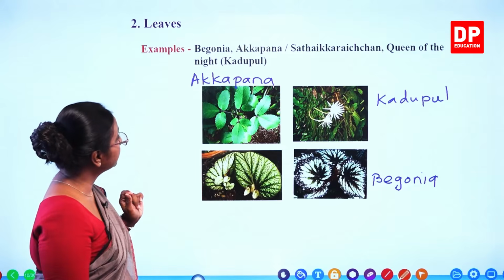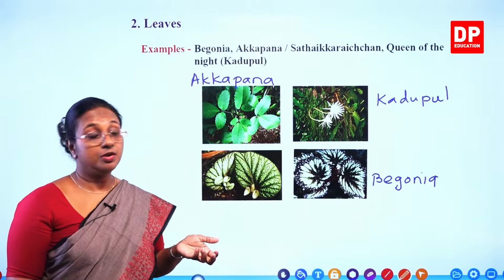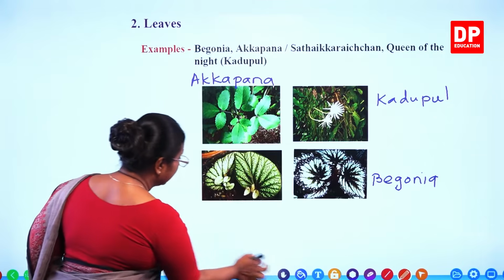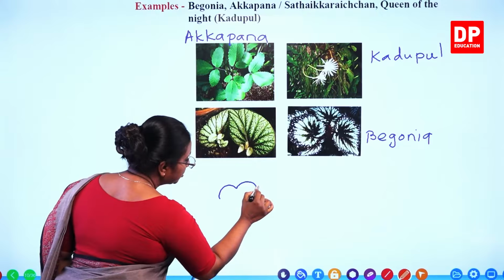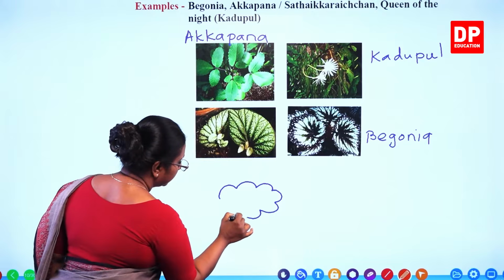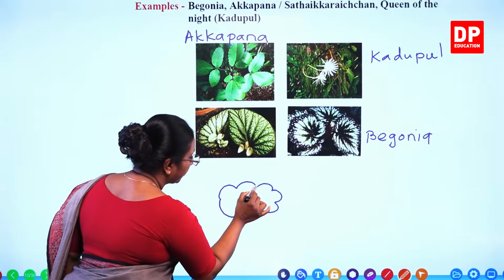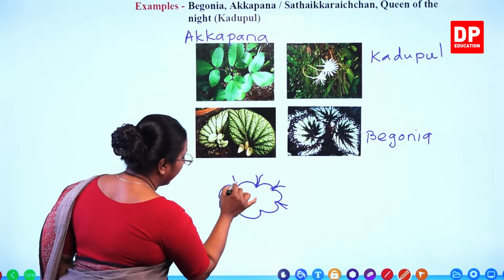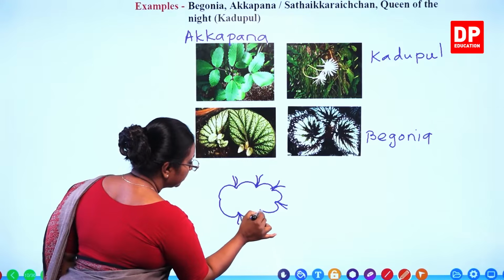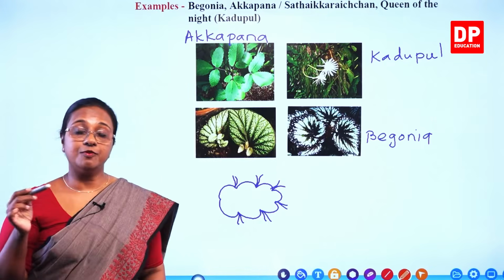But if you take this one, the Akapana plant or even Bryophyllum, you all remember students, the leaves of Bryophyllum, the edge of the leaf has a shape like this. So, from these points, the roots can form and that can give rise to a new plant. From each of these points, new plants can form.